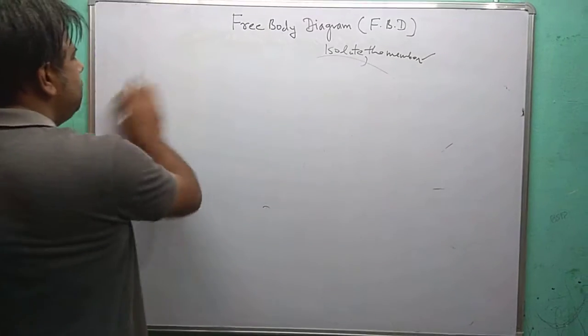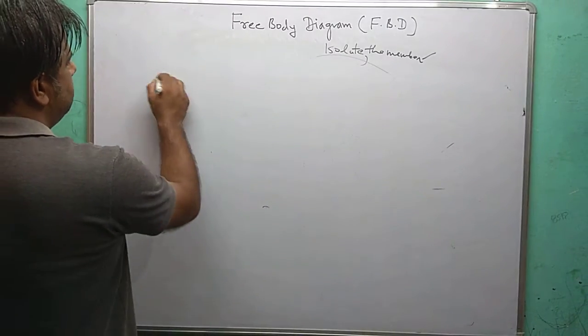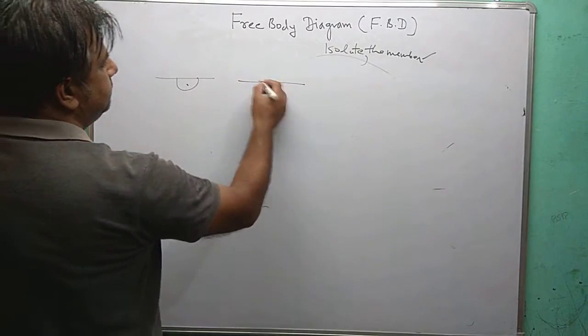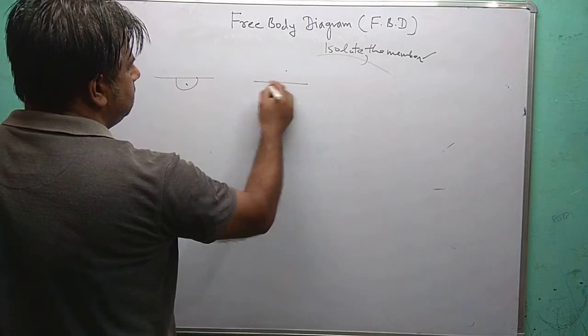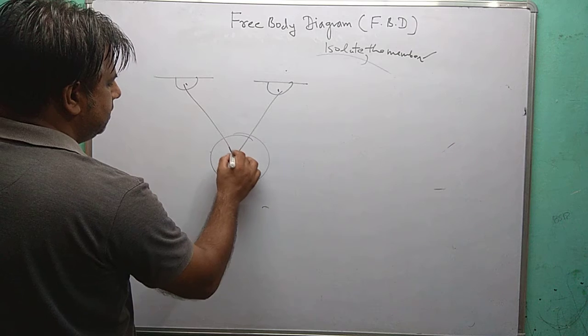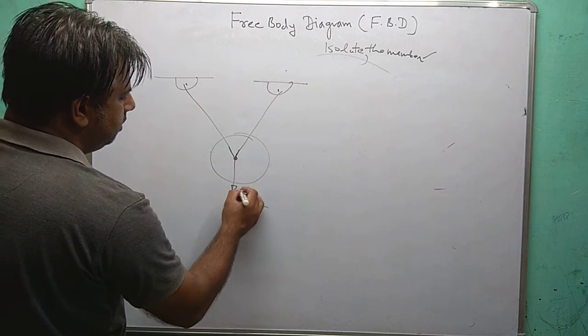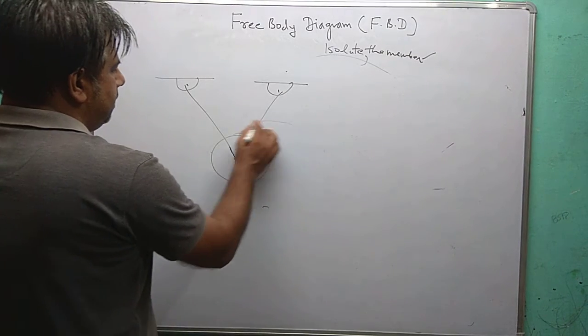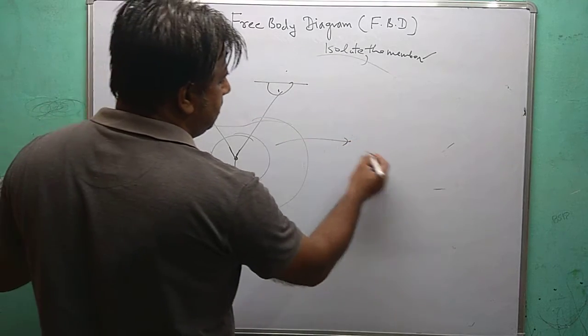In this way you may draw another example like this. This is the body, and here is the self weight W. So first isolate the member.